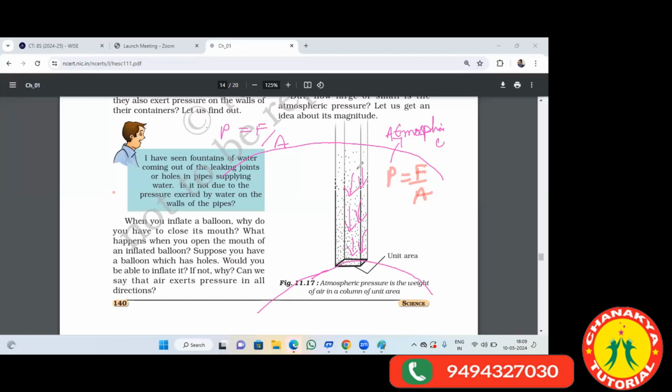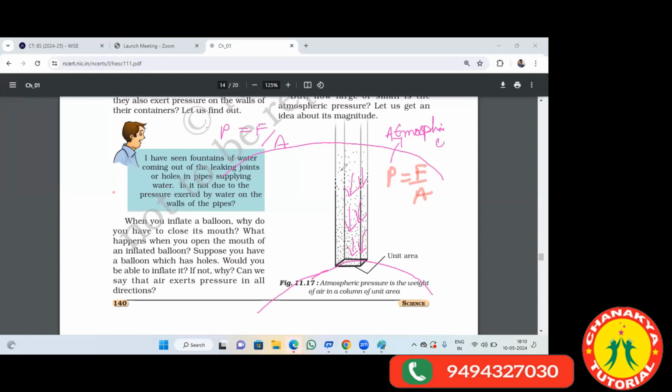Now, can you say that the atmospheric pressure is present everywhere on the earth? Yes, the atmospheric pressure is present everywhere on the surface of the earth. And as we move up, it's just like a water bottle filled with water.